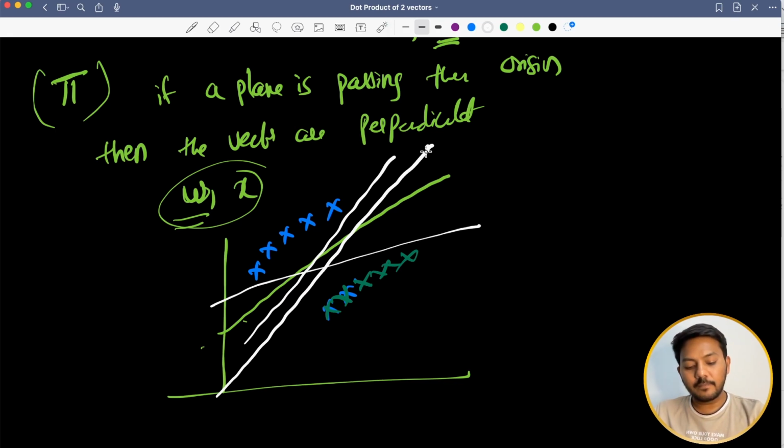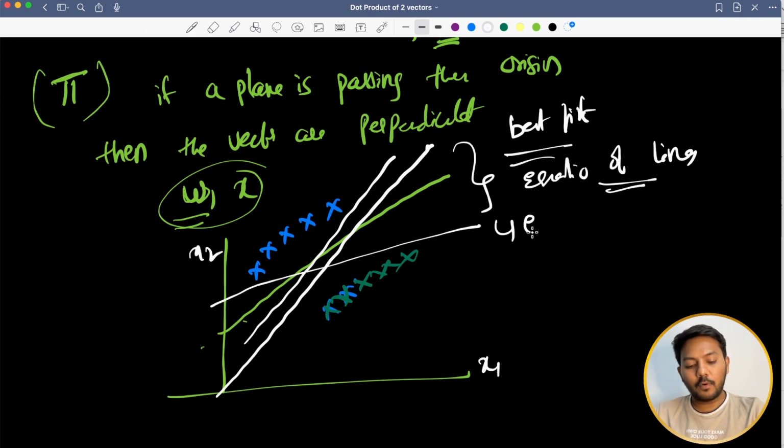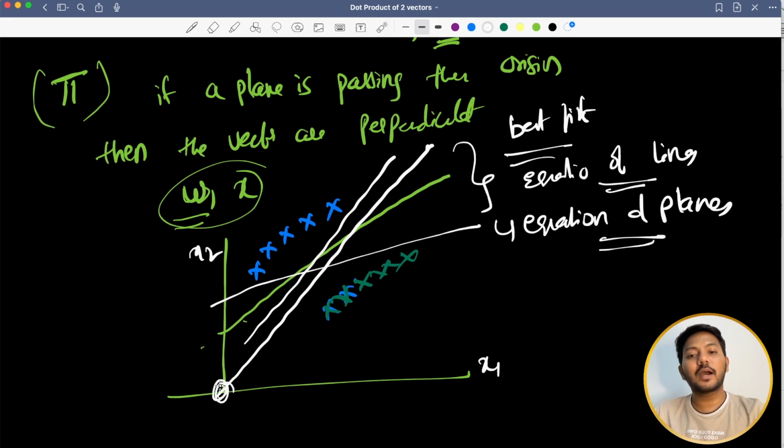We don't know, right? So to understand which is the best fit line, we need to understand the equation of lines. And if we are talking about more columns, then we have to talk about the equation of planes. And we have seen what happens if we pass the equation through an origin.